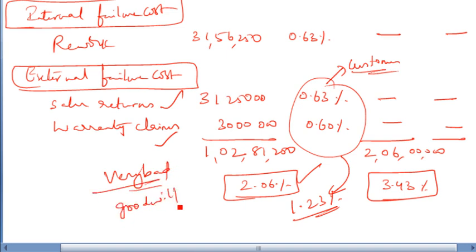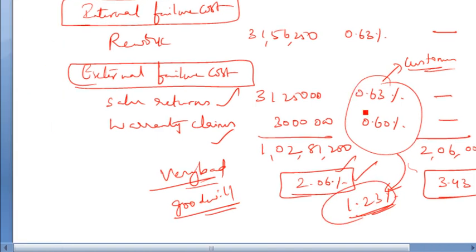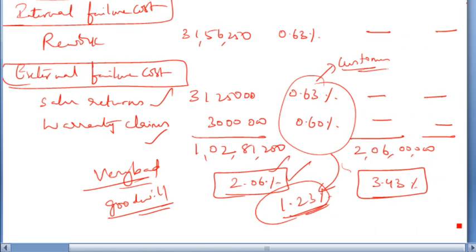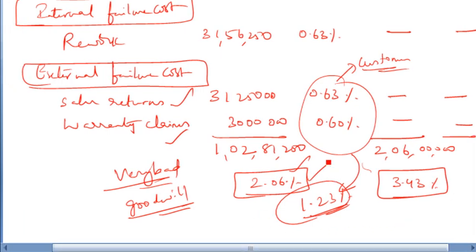Your goodwill is gone. So out of 2.06% of cost of quality earlier, 1.23% represents what? 0.63% of sales returns and 0.60% of warranty claims alone is external failure cost.